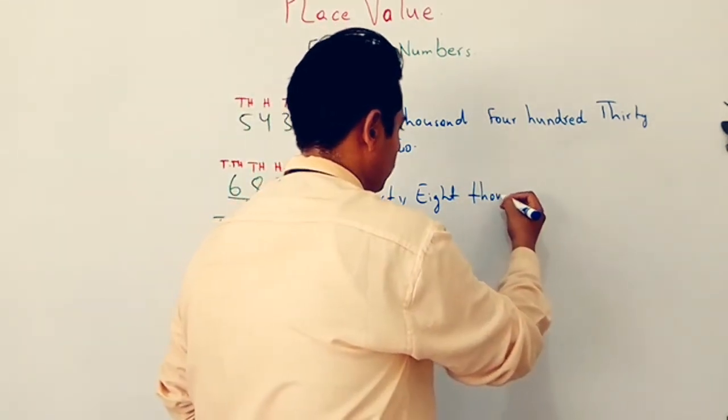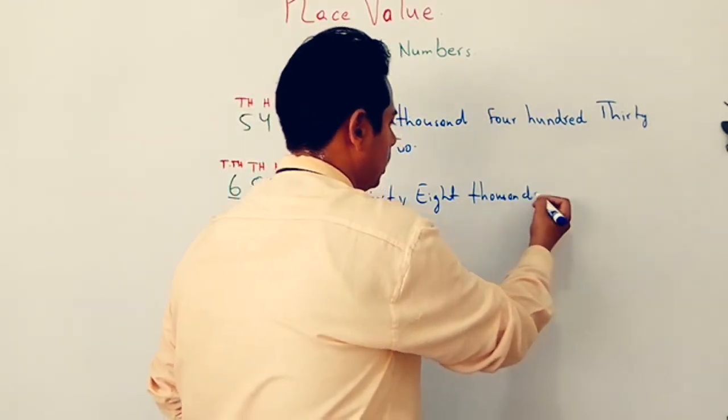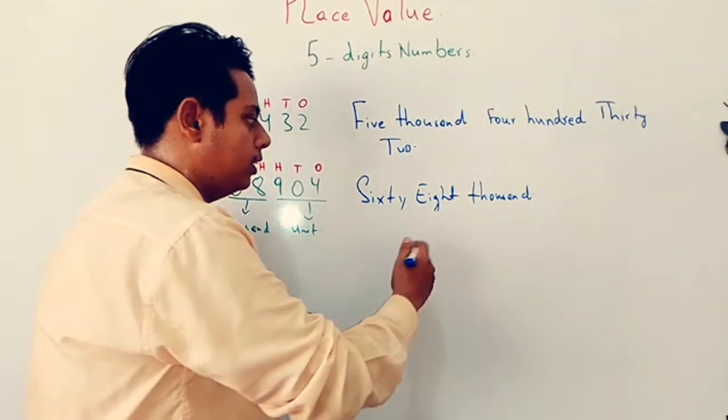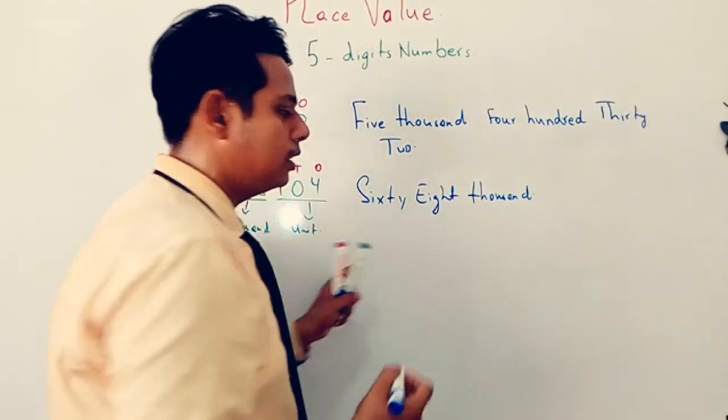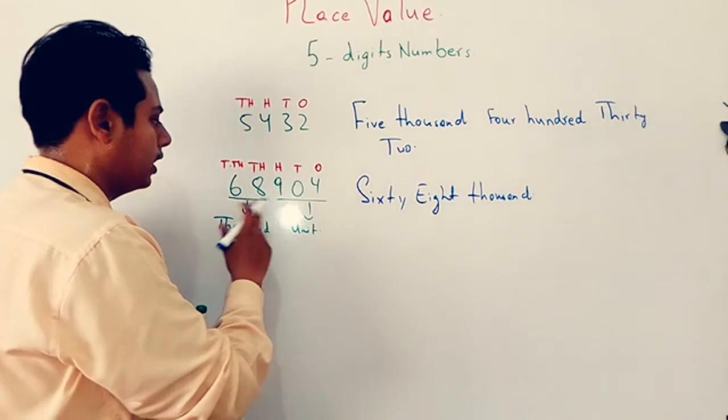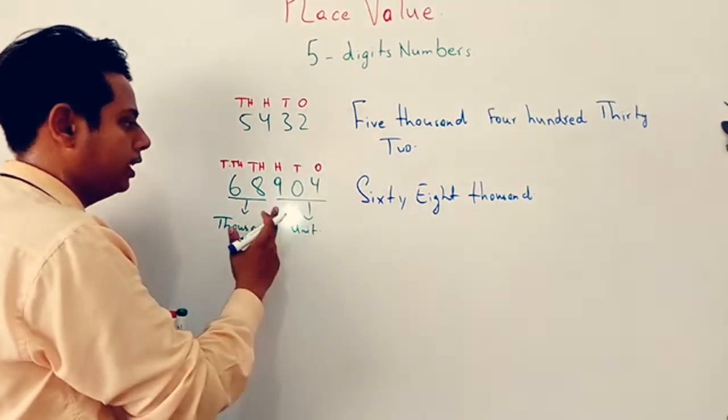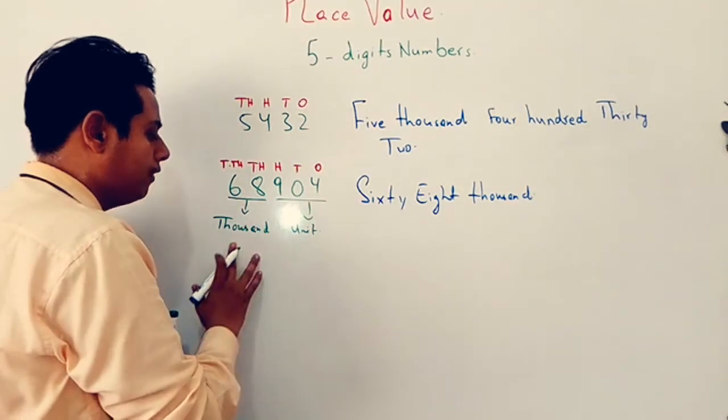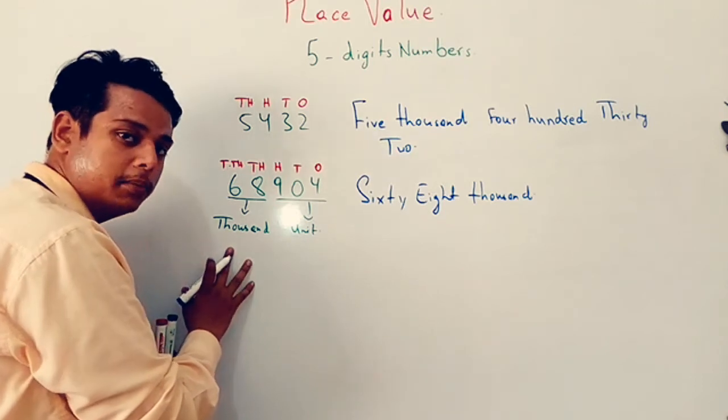First of all, I have written the number, 68, then the family name, 1000.